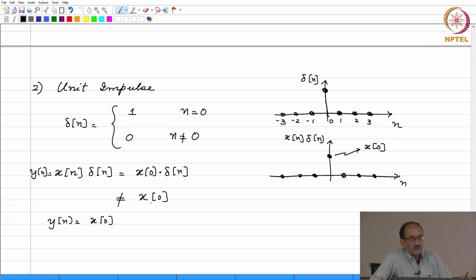At other points the value has to be 0. To signify that, you need to multiply this by delta of n, which makes the product go to 0 at other values of n.